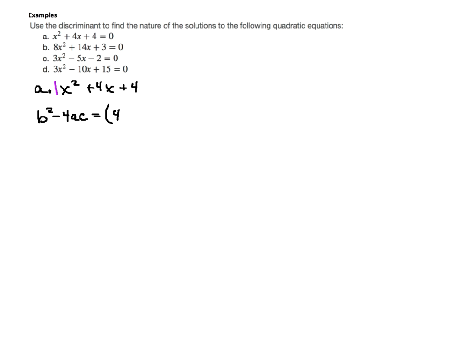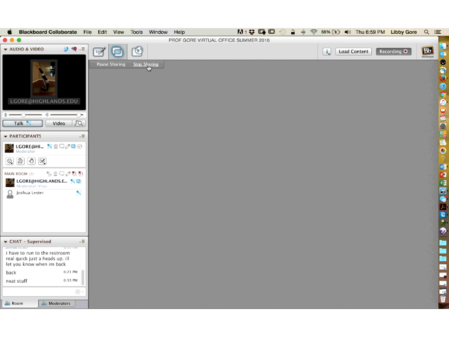So that is 4 squared minus 4 times 1 times 4, which is 16 minus 16, which is 0. I should expect one rational solution.